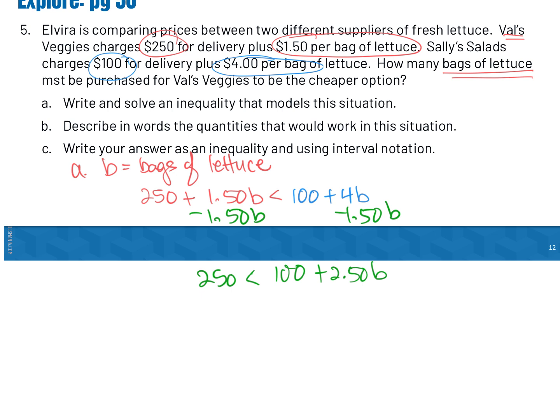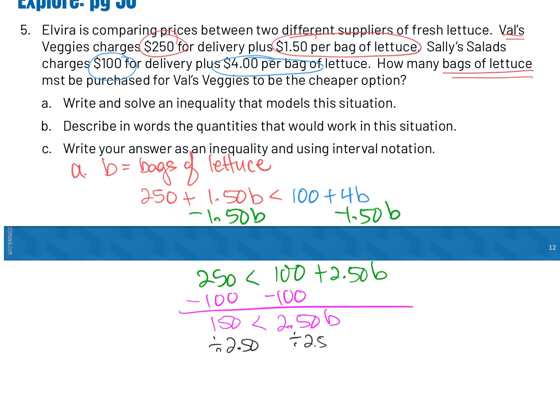And then I need to put variables on one side, numbers on the other. So then I have $2.50 minus 100, so I have $1.50 less or equal to $2.50 per bag. That means I need to divide by the $2.50. Right, and then I have B, so 150 divided by 250, 60.